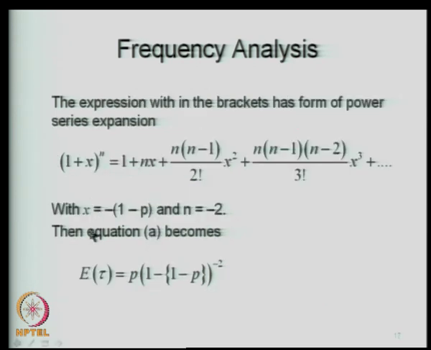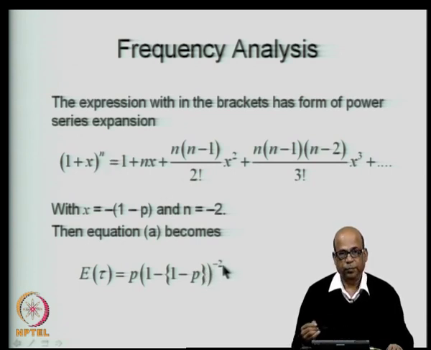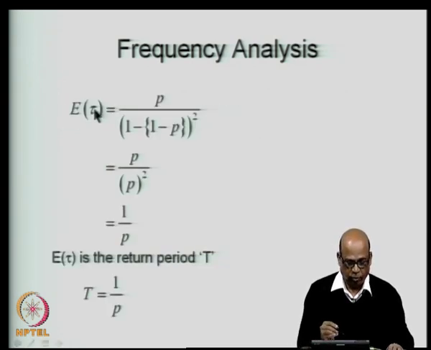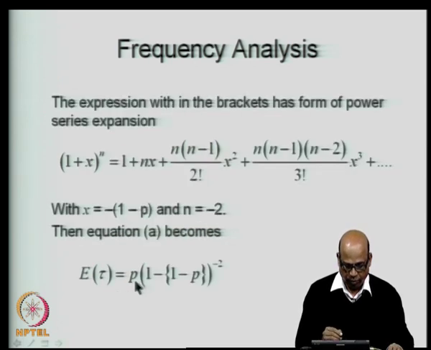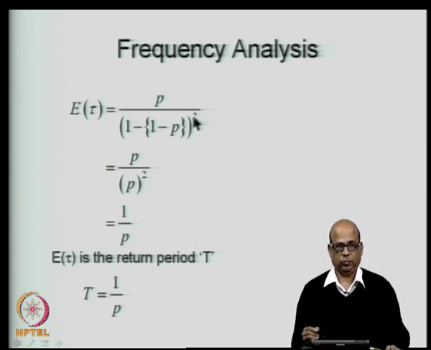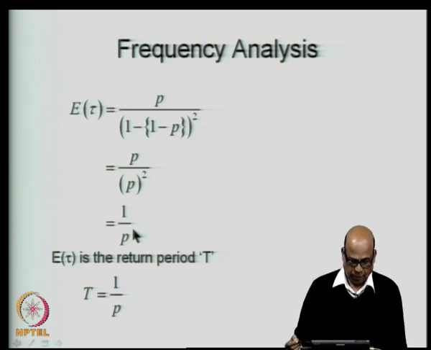So, with this, the terms in the bracket, (1 plus x) to the power n, become 1 minus (1 minus p) to the power minus 2. We write the expected value of tau as p divided by (1 minus (1 minus p)) to the power 2, that is p divided by p square, and therefore it is equal to 1 by p.